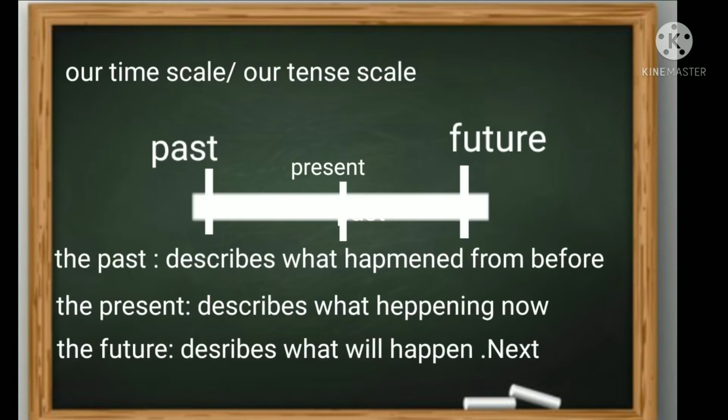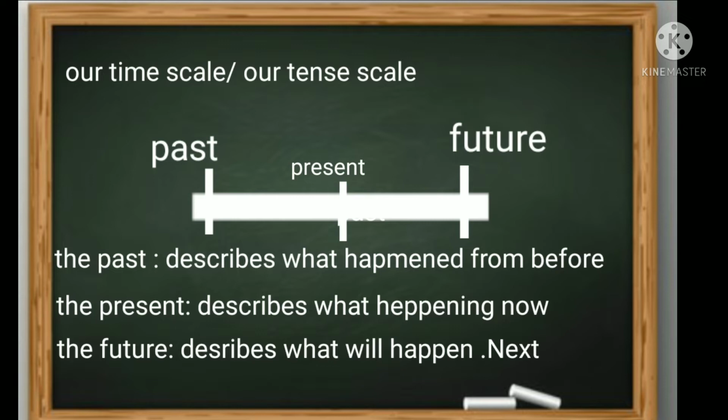So first of all, let me say tense, and it's the synonym of the word time. Tense means the time, and this is our time scale, or tense scale. So I am going to tell you what we will do by needing it. We have the past, the present and the future, as you're seeing.